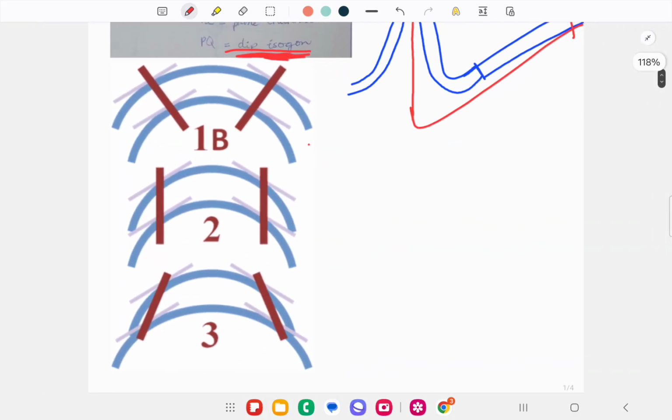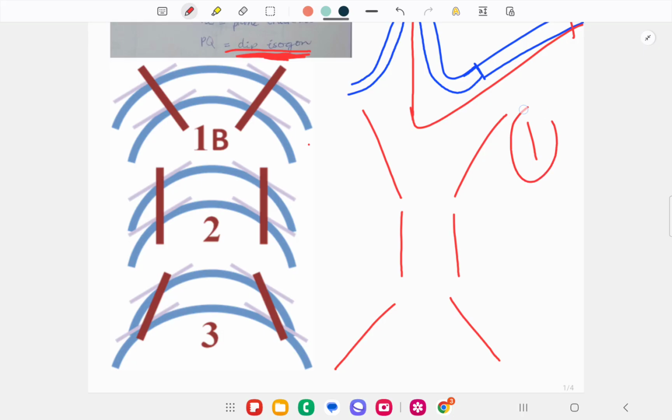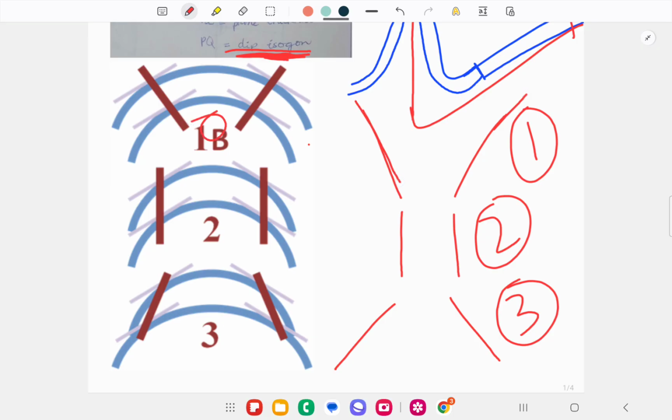So he is giving a three-type classification: class 1, 2 and 3. The easiest way to learn is how the dip isogon is oriented in the three types of fold: convergent, parallel and divergent, for class 1, 2 and 3 folds. In a class 1 fold, the dip isogon converges towards the core area.